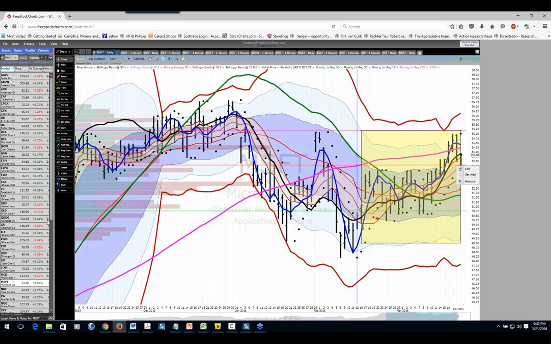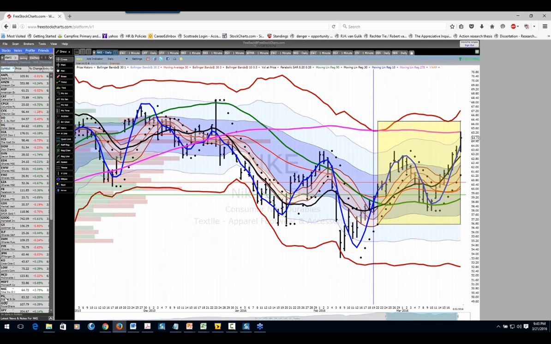So there's our exit. We're out of Microsoft. Nike, still in the money. Our entry was here. Our stop was here. We had raised our stop here. I'm going to go to a 2-day low and move it up to there. Getting ready for a second entry on that one.